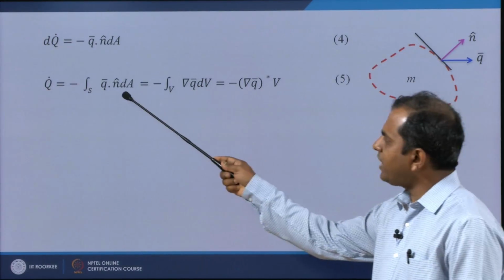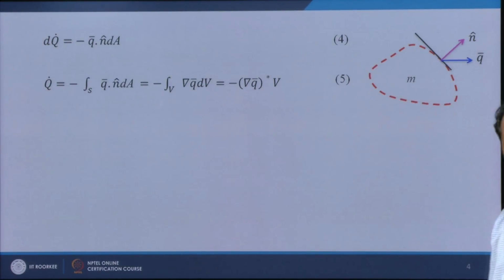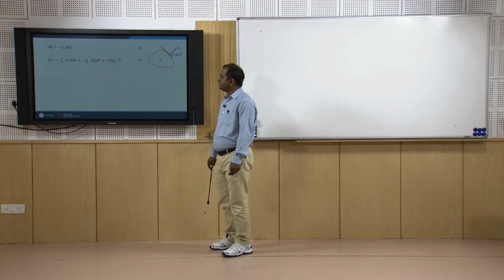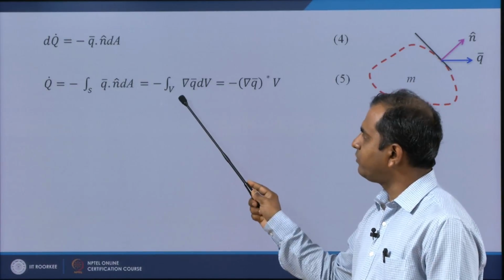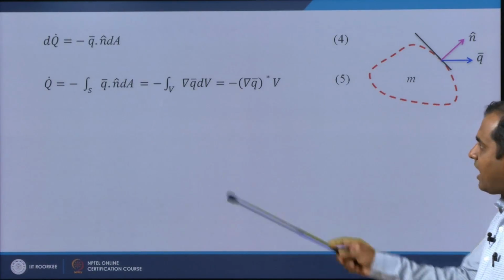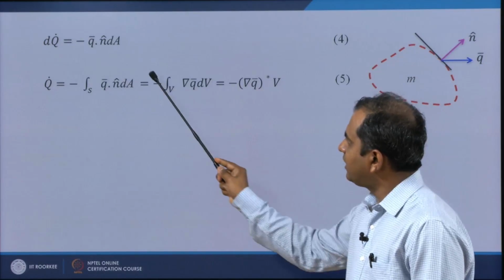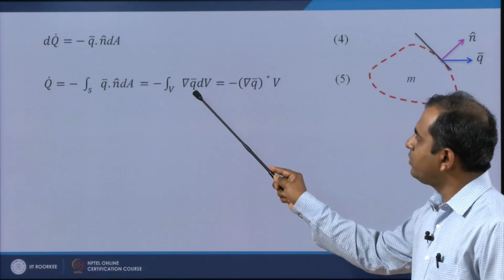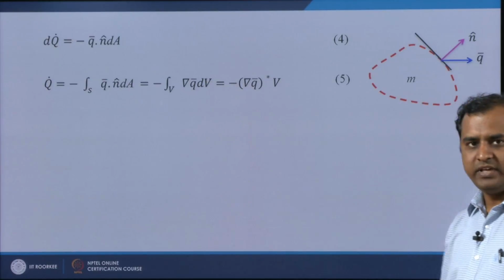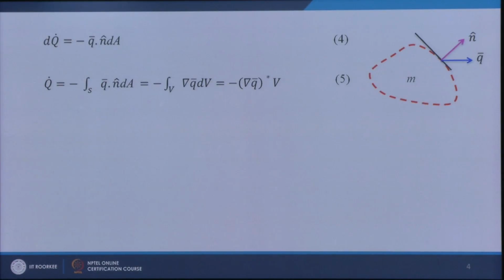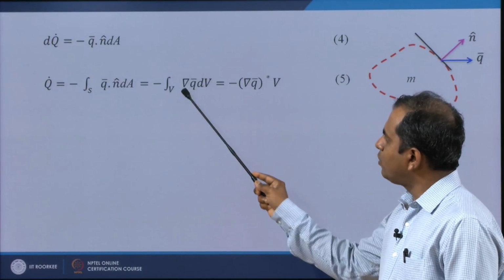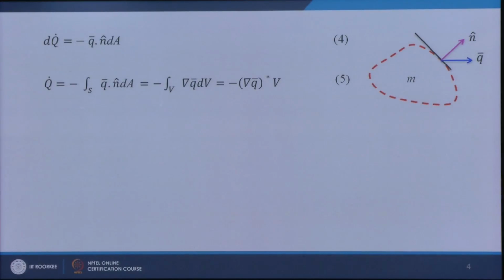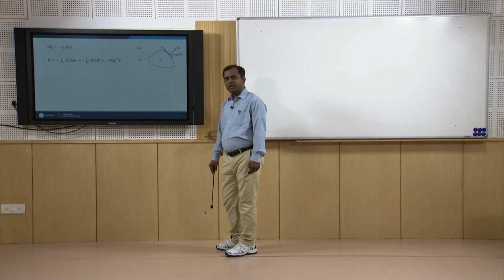At this moment we have applied the divergence theorem from vector calculus. As per the divergence theorem, the surface integral can be converted to a volume integral, and after this conversion the inside term becomes the divergence of q into dV, del q into dV. In a similar fashion, del q we can write as an average property, as I showed you in the previous slide for small e and ui.